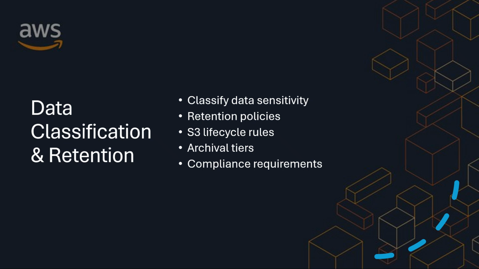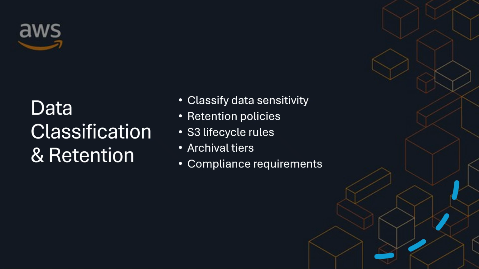Before protecting data, you must understand its sensitivity level. Data classification helps you categorize information as public, internal, sensitive, or highly confidential. Once data is classified, you can then define how long it must be retained based on the organizational or regulatory needs.